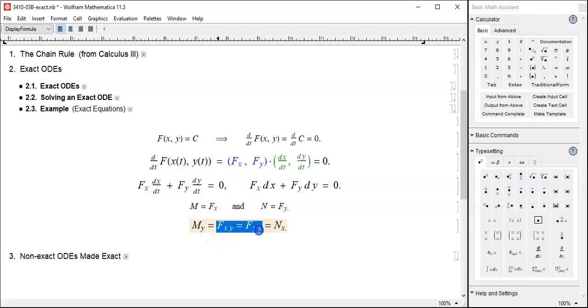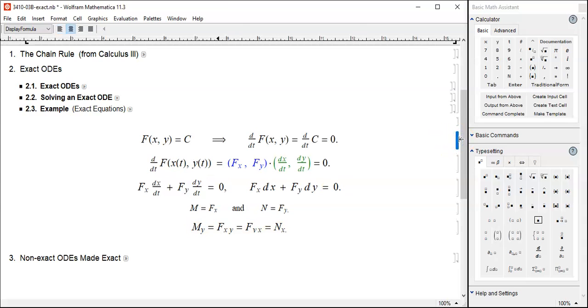So these two are always the same, and that's why m sub y and n sub x are equal. Tracing back, if so, then you will be able to find the appropriate capital F so that you're going to get an implicit solution like this. That's how things are connected. And deep down, the core portion of this analysis is the chain rule.